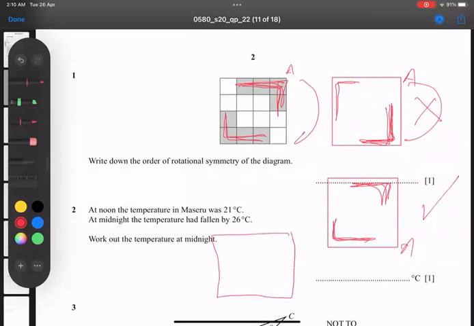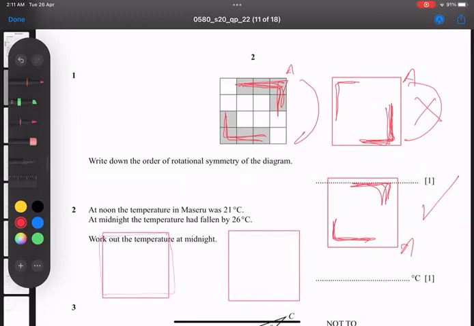Again, I will go for the third one. If you rotate this again and A comes here, I will get this shading part and this shading part, which is not matching with the original diagram. So not counted.